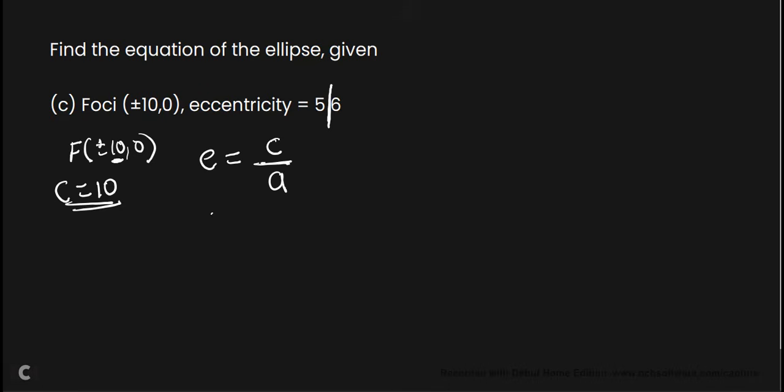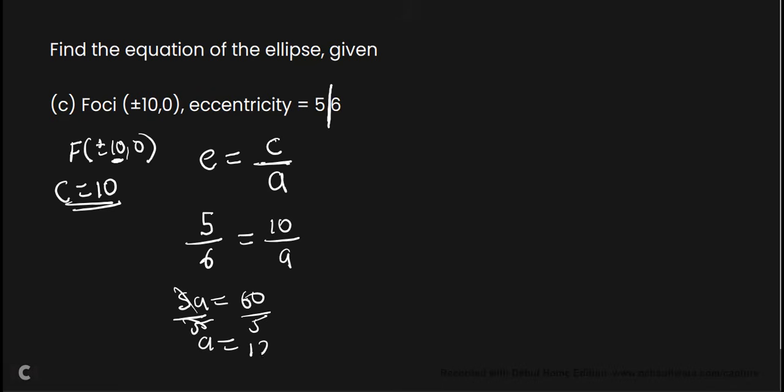The eccentricity is 5 over 6, equal to C over A, which is 10 over A. So 5A equals 60, and then divide by 5. That is A equals 12, right?